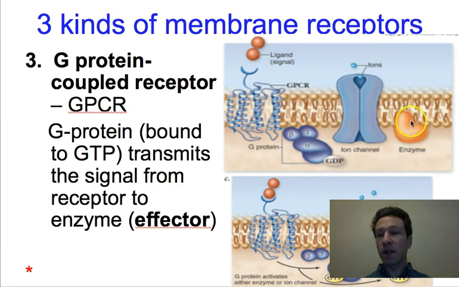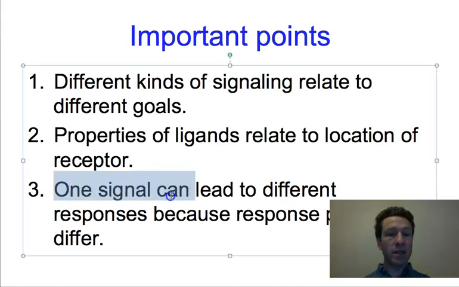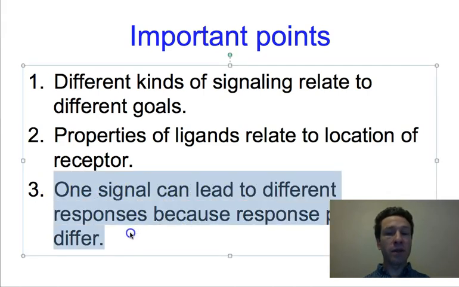But if those different cell types have different enzymes inside, then what gets turned on by alpha in one cell type might be different than what gets turned on by alpha in a different cell type. So this means that the same signal, the same ligand, can lead to different responses because the response proteins in different cell types are different.